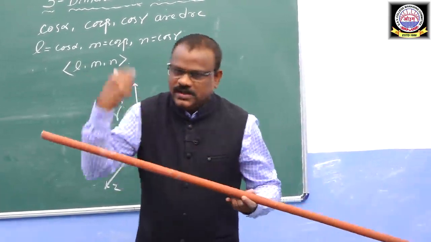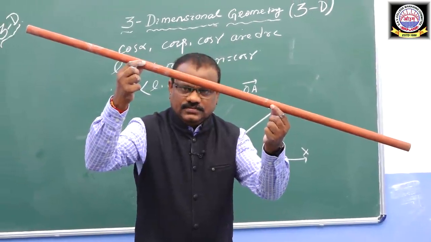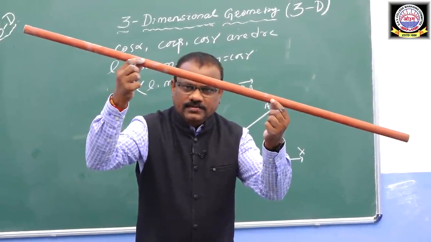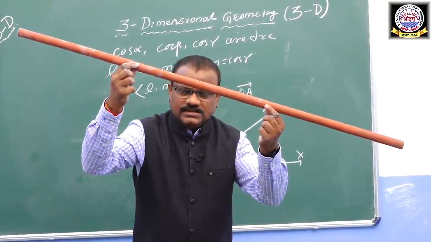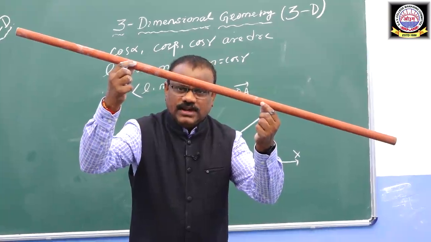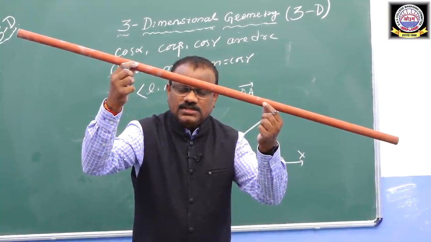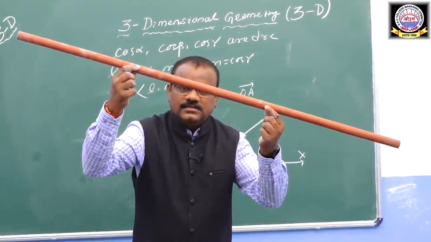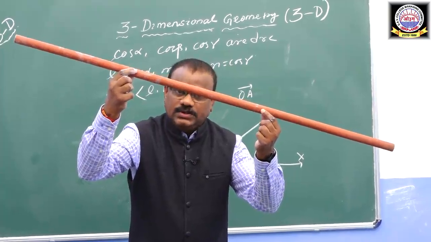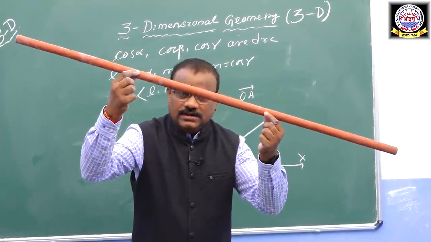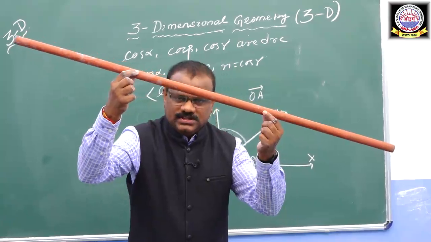Why? See, just imagine, this is a line in space, and I want to find the direction cosine, the angles made by the x axis, y axis and z axis. And I am standing in one of the octants. You close your eyes and just imagine one line which is parallel to it in another octant and originates from the origin.